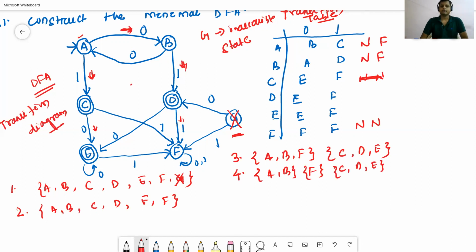Can I further separate A and B? No, we cannot, because A and B read 0 and go to a non-final state, and read 1 and go to a final state.